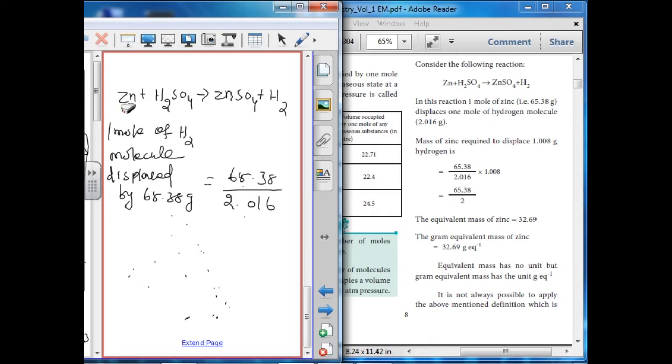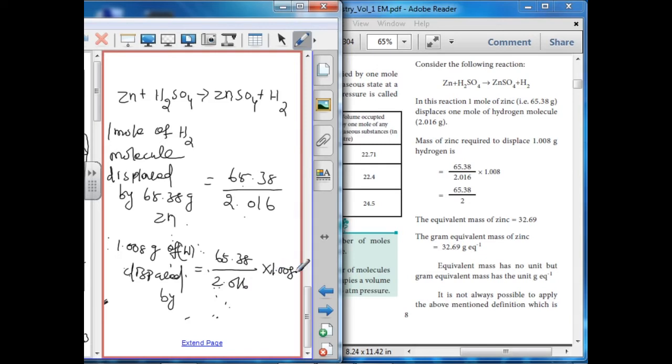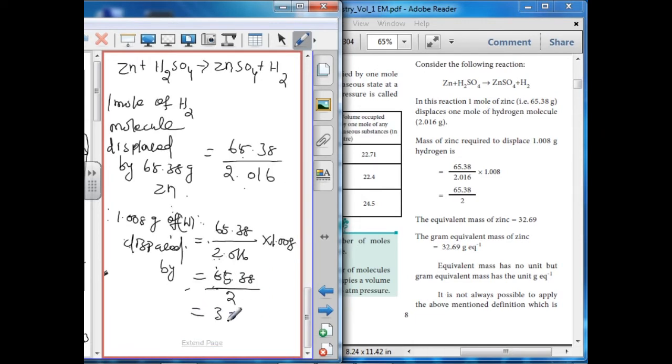The chemical reaction: zinc reacts with sulfuric acid to form zinc sulfate with displacement of hydrogen. 1 mole of hydrogen molecule is displaced by 65.38 gram of zinc, equal to 65.38 divided by 2.016. 1.008 gram of hydrogen is displaced by 65.38 divided by 2.016 multiplied by 1.008, that is 65.38 divided by 2. The answer is 32.69.